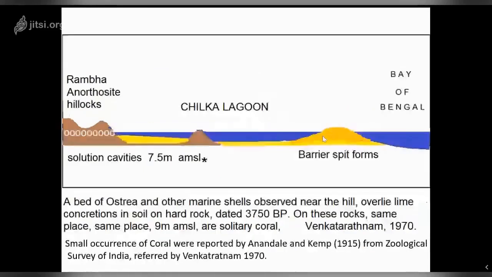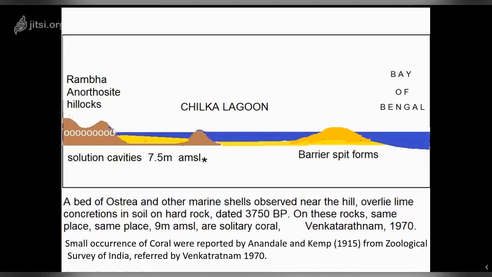Subsequently the sea level reached, say, 5 meters elevation from the present sea level, and then came down to the present level during the late Holocene period. And then it had formed the solution cavities here at that level, which is now showing there at 8 meters above the present sea level.